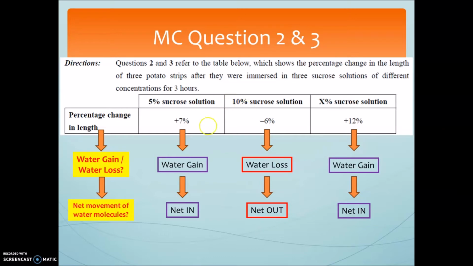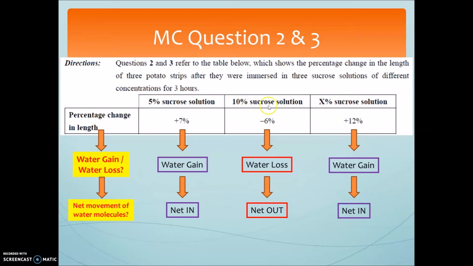For the positive value, water gain, and positive 12 is water gain as well. So there must be a net movement of water molecules entering the cytoplasm of the potato cells, from the 5% sucrose solution or from the X% sucrose solution.